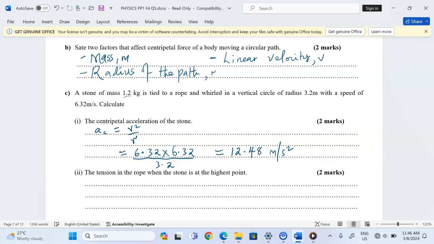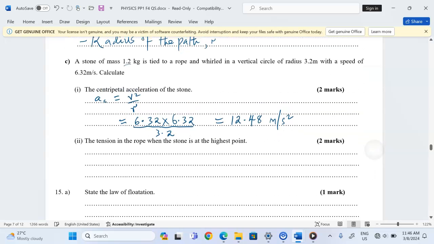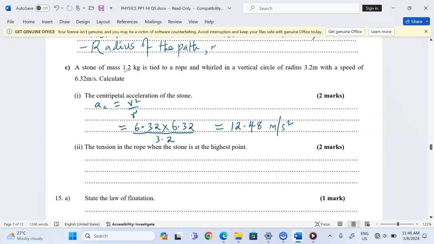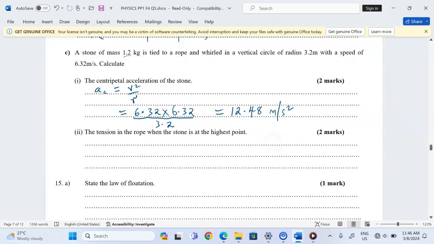12.48 meters per second squared. Then in part 2 of part C, we are told to calculate the tension in the rope when the stone is at the highest point. At the highest point, the rope experiences what we call minimum tension, which is given by the difference between the centripetal force and the weight of the stone being whirled.